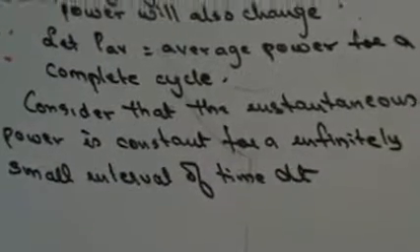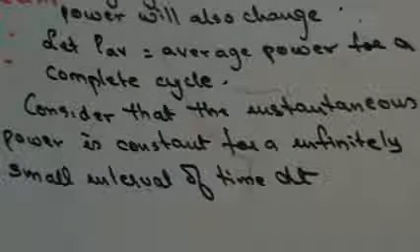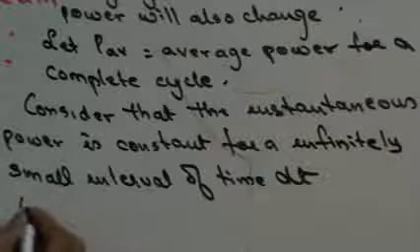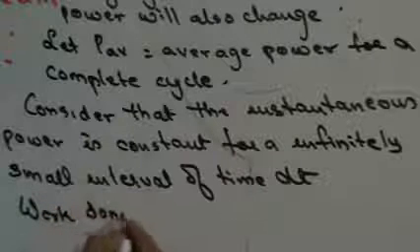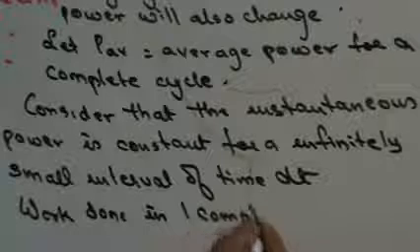P is the power and the power is constant for a very small interval of time. Then the work done in one complete cycle, what will be the work done in one complete cycle? The work done in one complete cycle is going to be nothing but the integral of P dt from 0 to T, where T is the time period for one complete cycle.